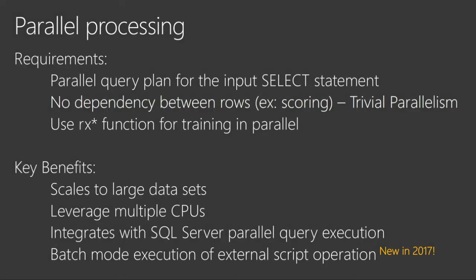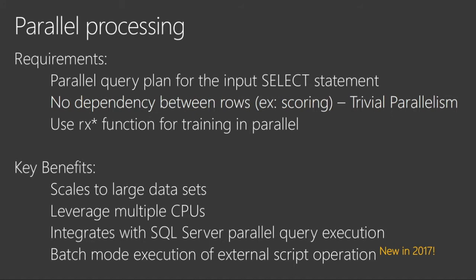Now, let's talk about parallel processing, because if you want to gain the benefits of this integration, one of the key features is that you can actually run your machine learning scripts parallelized. There are two different ways of doing this parallel execution.